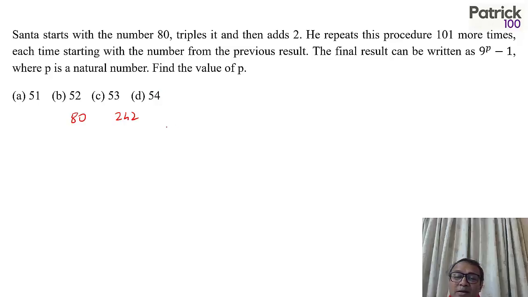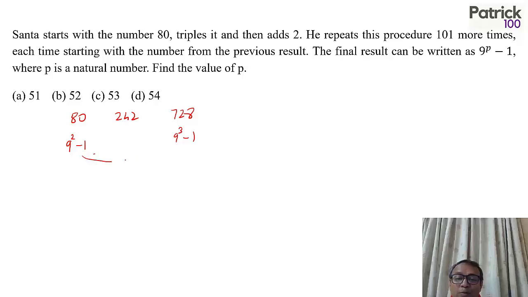So I'm looking at a few numbers to find the pattern so I get the answer. 242 into 3 plus 2 you'll get 728. Into 3 is 726 plus 2, 728. If you look at it, this is 9 raised to p minus 1. I can see this is 9 square minus 1. You can also see this is 9 cube minus 1.